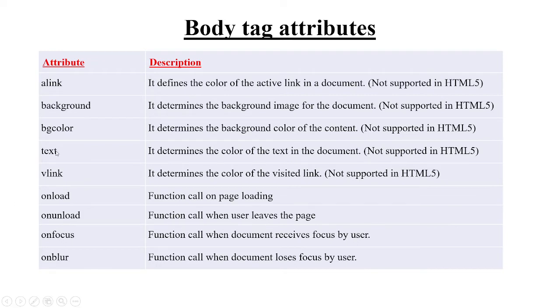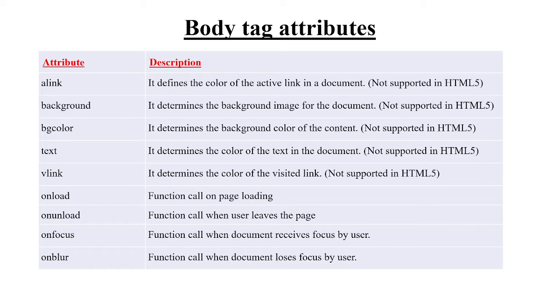Next comes the text attribute. This attribute determines the color of the text in the document. For example, if I use text equal to red, then the text content displayed on the web page will be in red color.